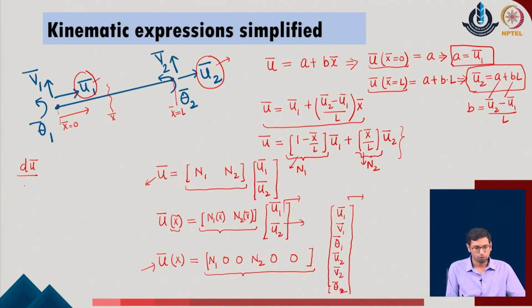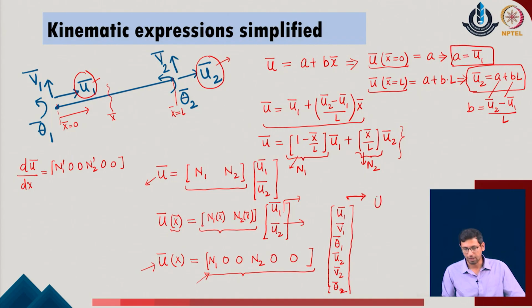The du bar upon dx can now simply be written as the derivative taken on the shape function vector, which is n1 dash, n2 dash, and the standard vector of the displacement field which we just described as the capital U bar. That is not going to change in the given problem.